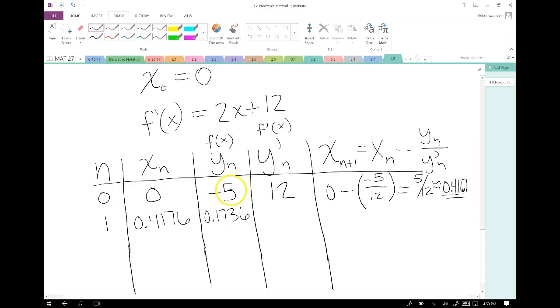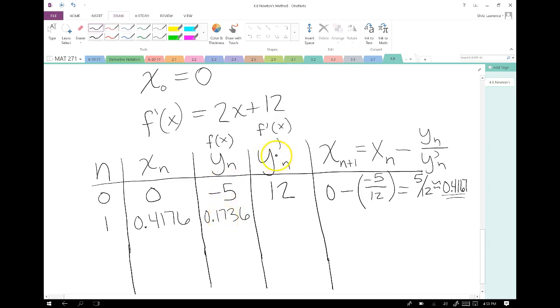Now, my initial guess, I was all the way down at y equals -5. I did Newton's method once, and it got me all the way to y equals 0.1736. That's really close to y equals 0. So Newton's method just once got me really, really close to an x-intercept. Now, it's not perfect, it's not great, but it's a whole lot closer.